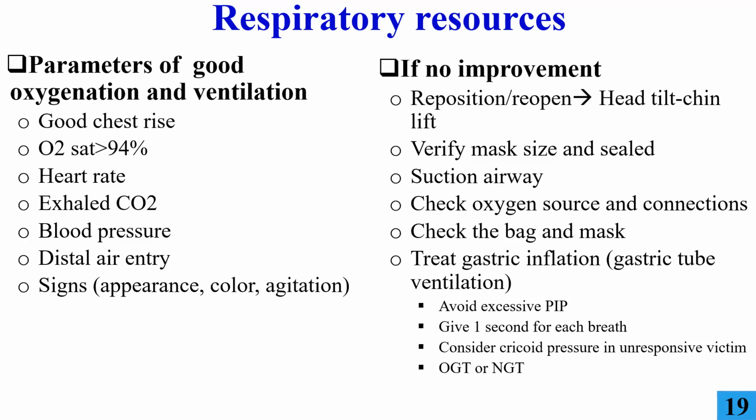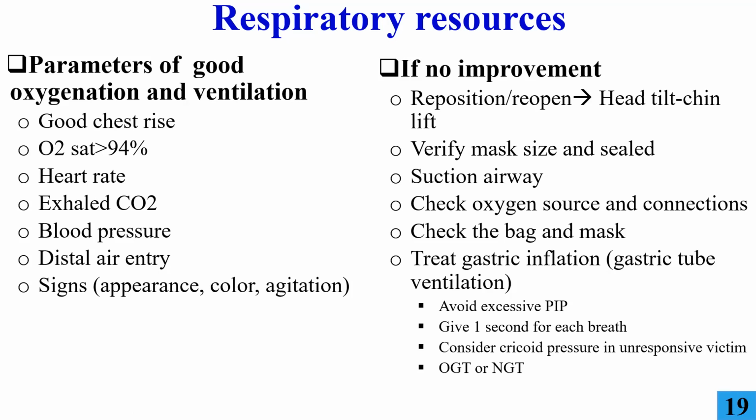So M is mask, reposition, S is suction, O is obstruction, B is positive pressure, and A is adjunct airway. So Mr. SOBA is an acronym that we use to remember what to do if the child is not improving. We will learn it later, inshallah.